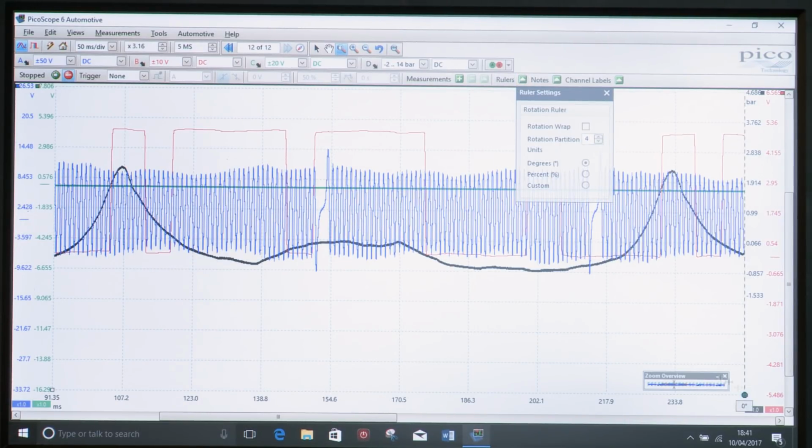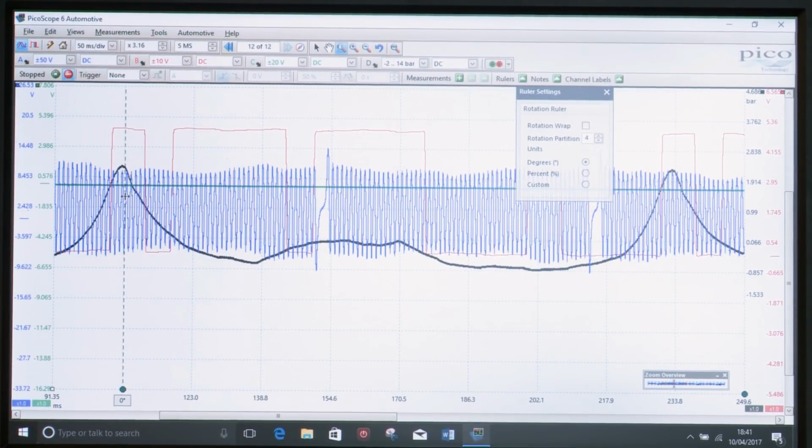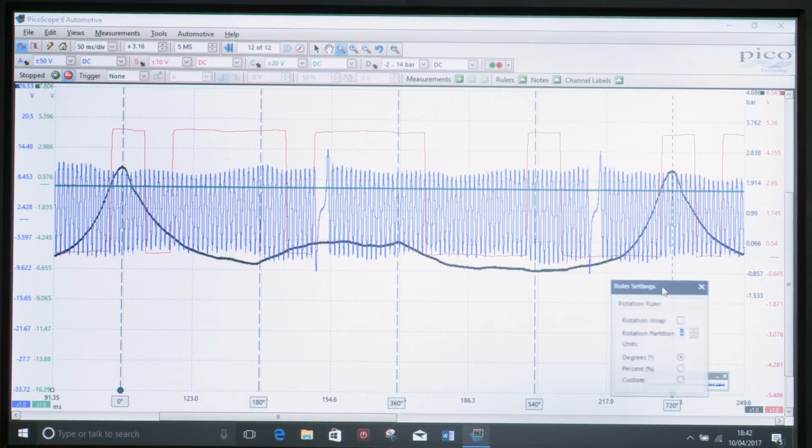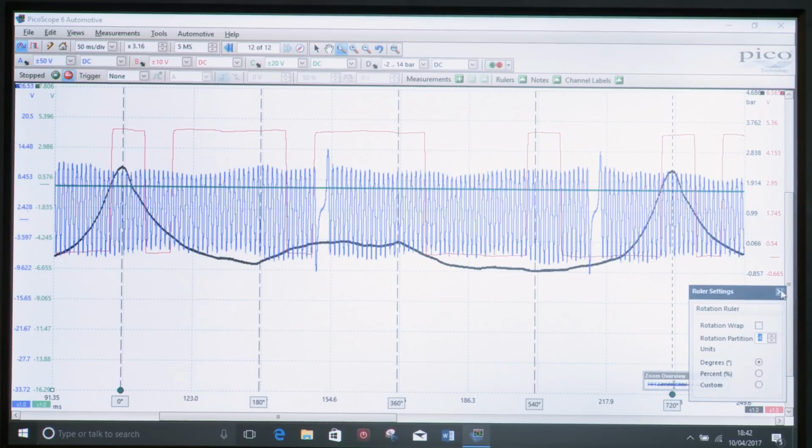So we do know exactly where the 4 cyclic events are, because they're based on compression and not on the theoretical position of the cam and crank sensor. So basically I've now converted time into angular measurement. Let's get rid of that box.